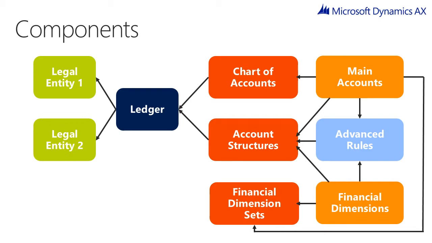The last component that we will discuss is the financial dimension sets. These allow you to combine all the dimensions together to create a reporting combination, and this is also how balances are stored in AX.